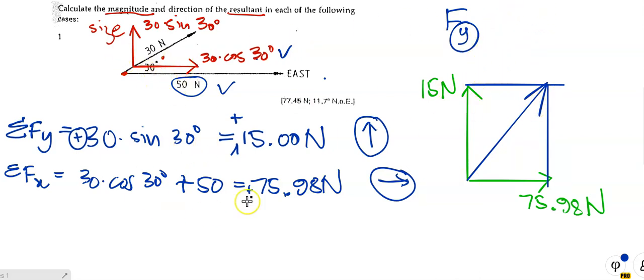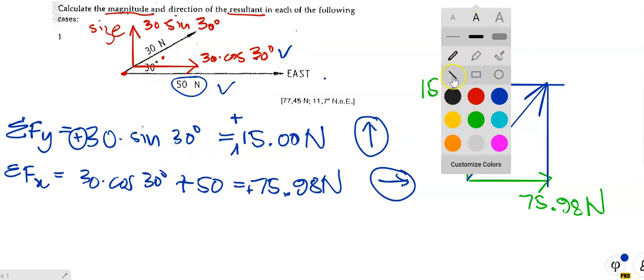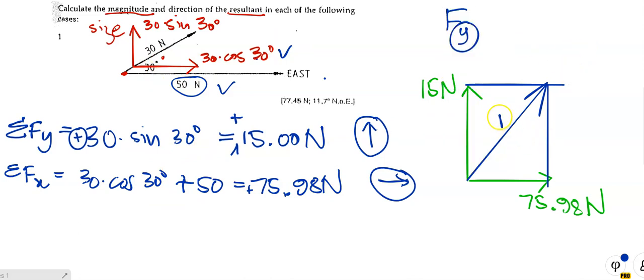I'm not doing the reverse process, okay? And that there is my resultant. So there's my rectangle. I've got 4 right angles. And there's my vertical component, so that's 50 newton, and of course there's 50 that side as well, because of the rectangle. And that side is also 75.98 because of the rectangle.